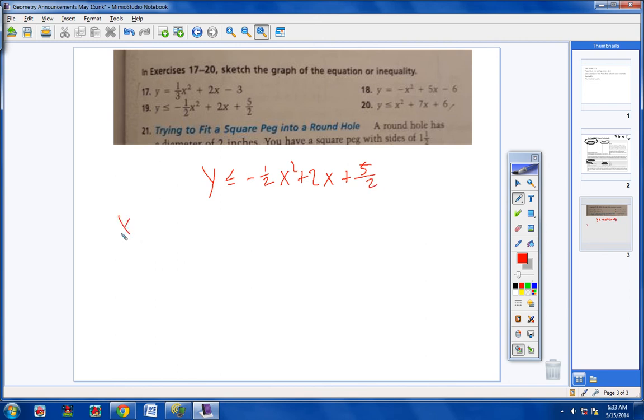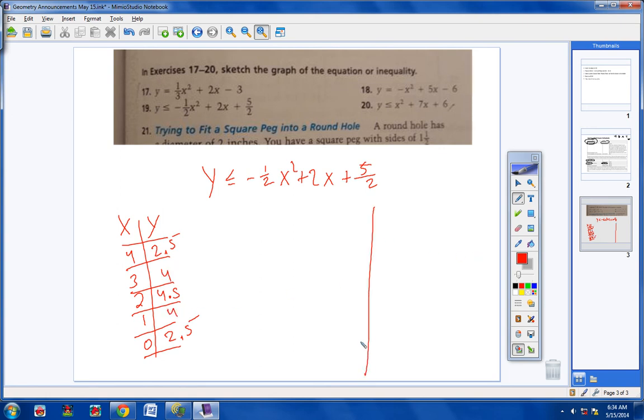Okay, and if you find the vertex for this, like I just showed you how to do, it would be 2, 4.5, and then 3, 4, 1, 0. 4 would be 2.5, 0 would be 2.5, 3 would be 4, and 1 would be 4.